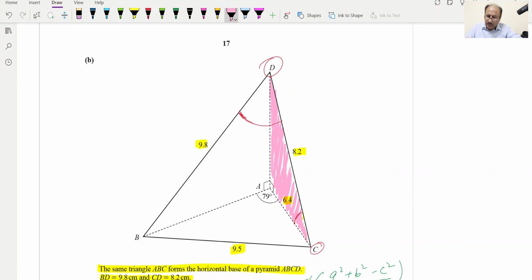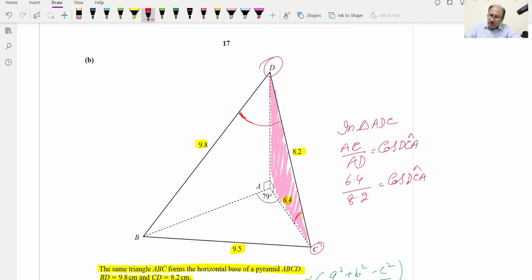AC over DC. So we can write in triangle ADC, AC over DC is equal to cos of angle DCA, and AC is 6.4 over DC is 8.2, so this will be equal to cos of DCA.